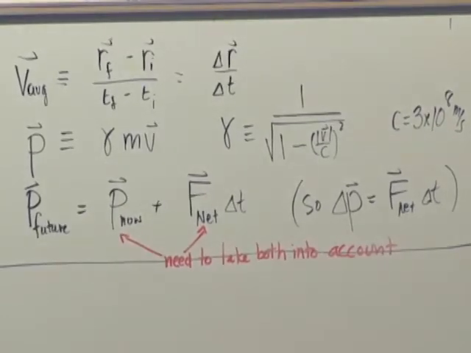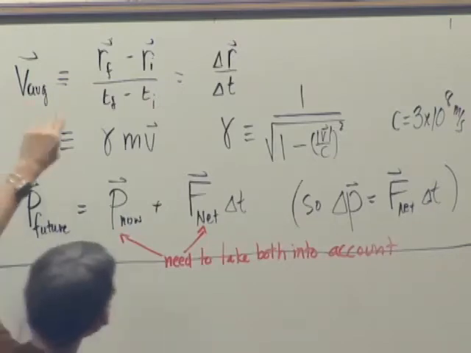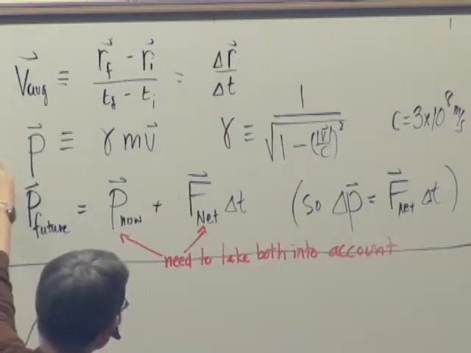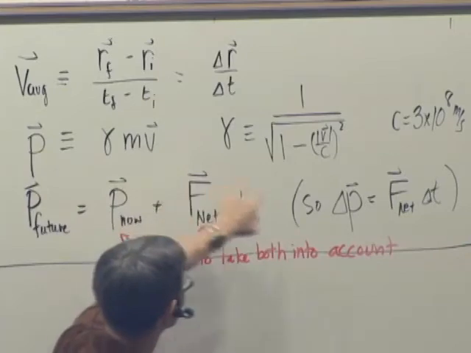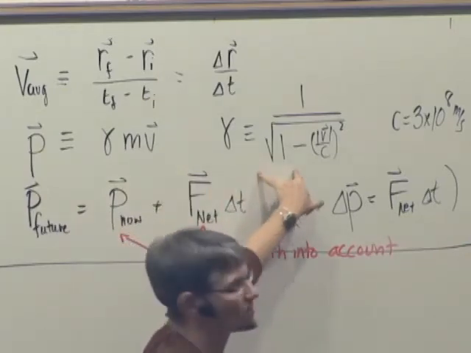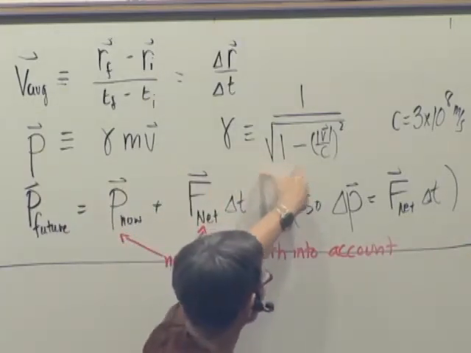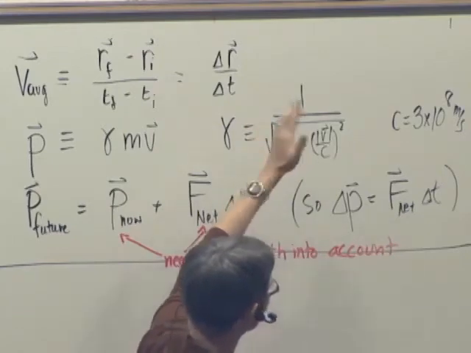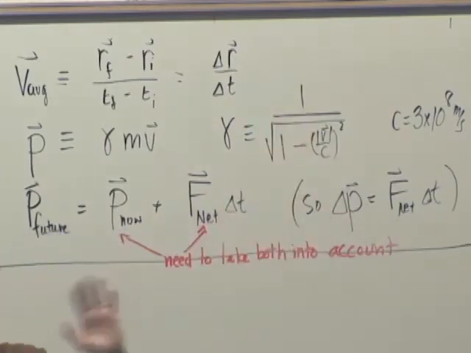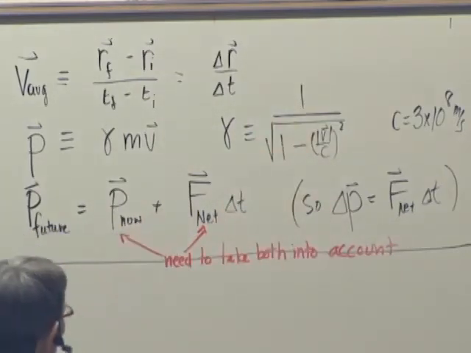So the definition of average velocity, which some of you stumbled over in the quiz on Wednesday. You're not going to make that mistake again, right? The definition of momentum, gamma times mass times velocity, where gamma is this interesting factor, 1 over the square root of the quantity 1 minus the magnitude of v over c quantity squared.